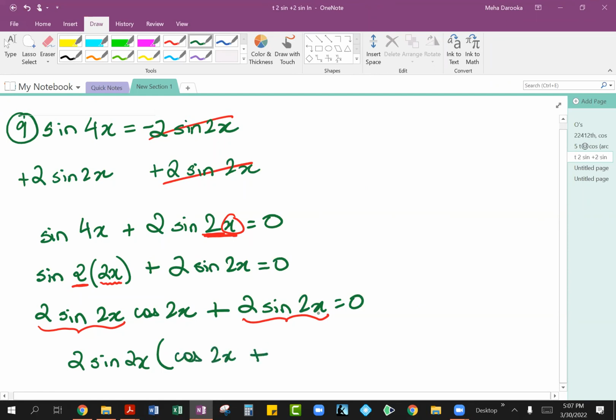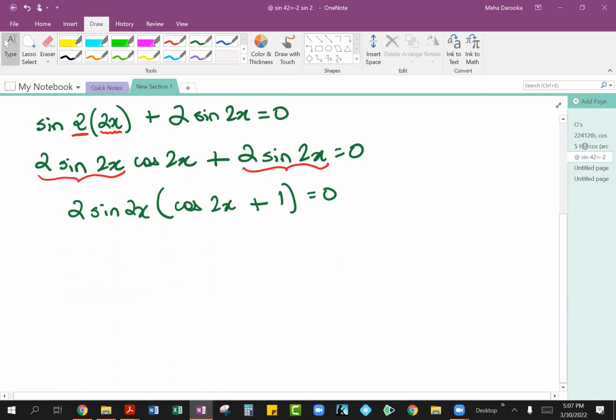Plus, since you took the entire 2 times sine of 2x out, we will use 1 as the placeholder. So we can factor this out into 2 times sine of 2x, and then in parentheses, cosine of 2x plus 1 equals 0. And then remember how we use the zero factor property to set each one of these factors equal to 0. So you will take 2 times sine of 2x, set that equal to 0, or cosine of 2x plus 1 and set that equal to 0.